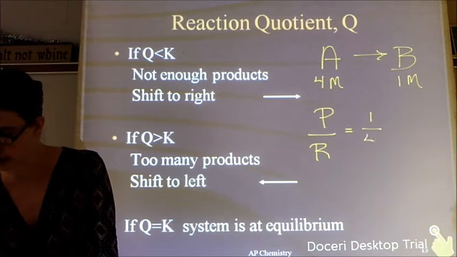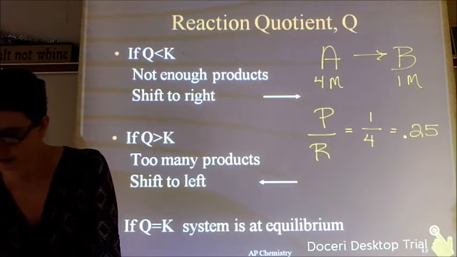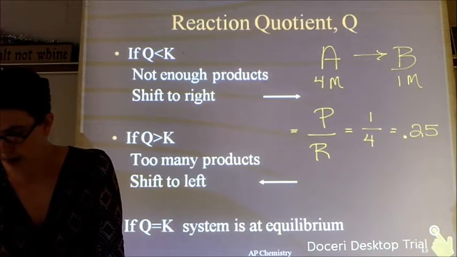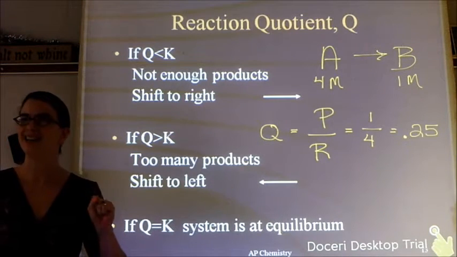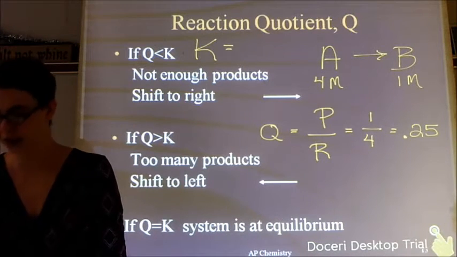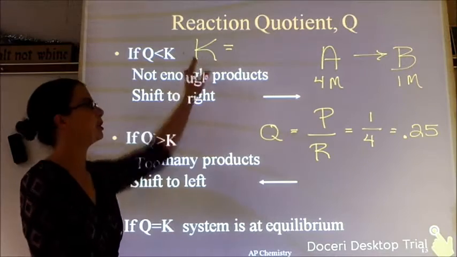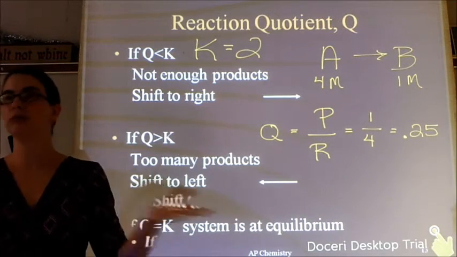1 divided by 4. Okay, so that's my reaction quotient. I need to give you a K value, don't I? I'm just making these numbers up. Let's say the equilibrium constant is equal to the number 2.